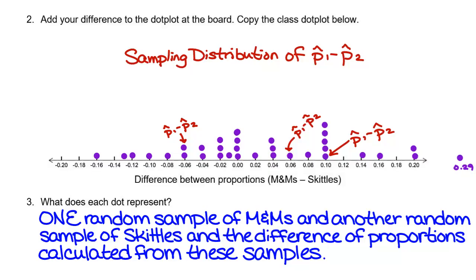I want you guys to take your best guess. It's okay if it's wrong. Take your best guess down on number 4 for the shape, the center, and the variability. I'm only going to give about a minute, and it does not matter if it's wrong. I want you to take your best guess as to what you think the shape, the center, and the variability is.